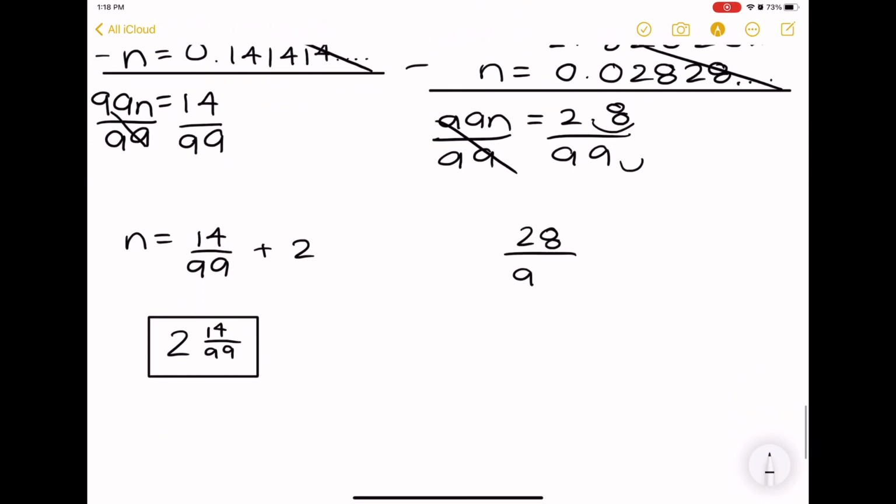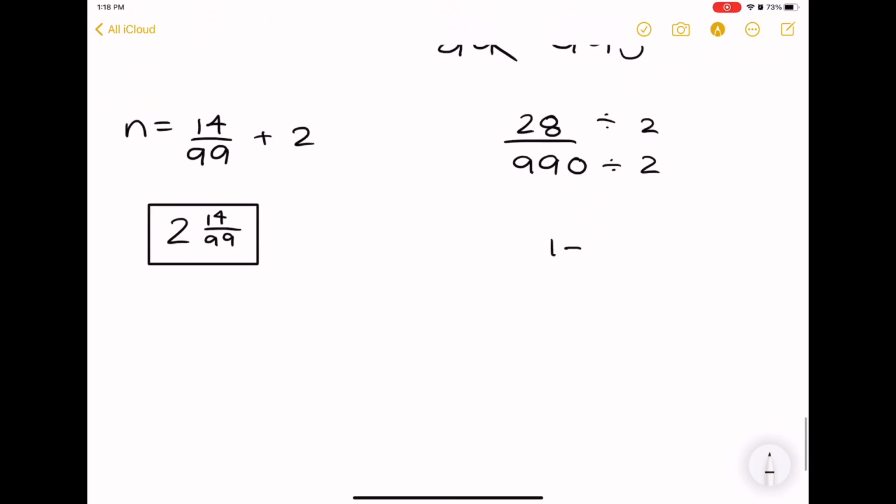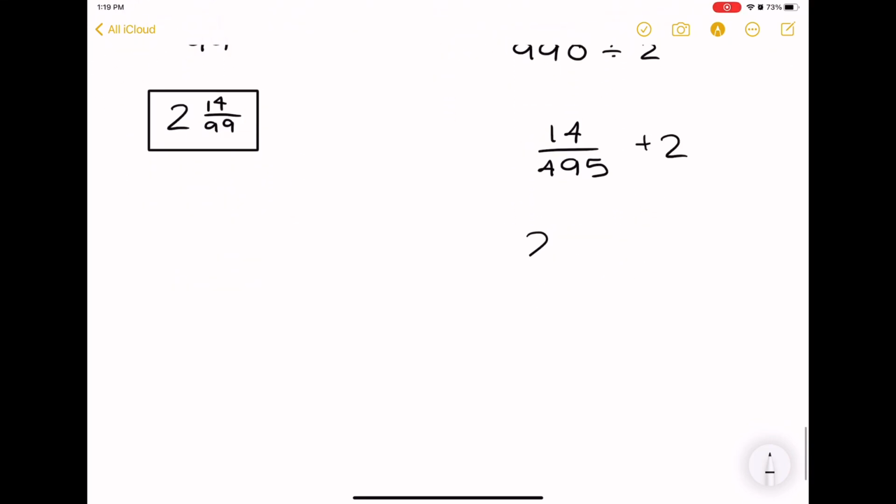And then because you need to make sure there are no decimals in the numerator, here you can divide by 2, and you'll get 14 over 495, which is the simplest version. And remember to add 2 to this because it said 2.0 and then 2828, like 28 repeating.